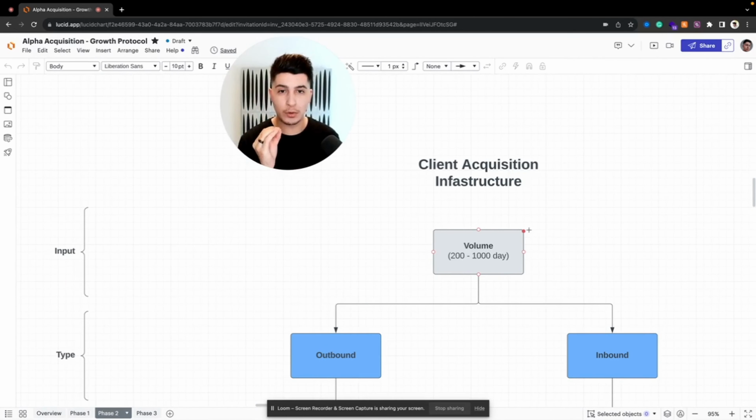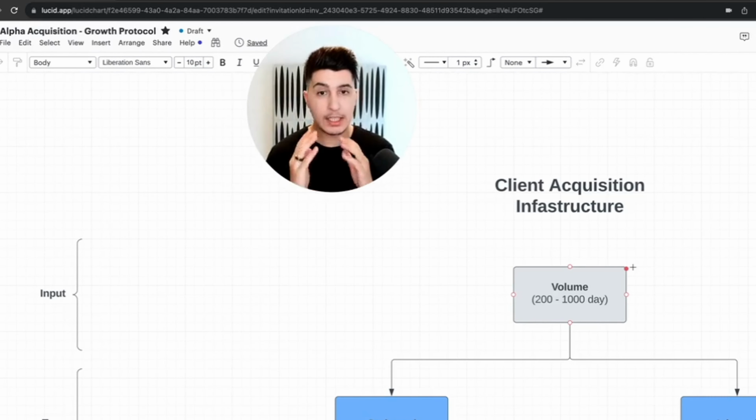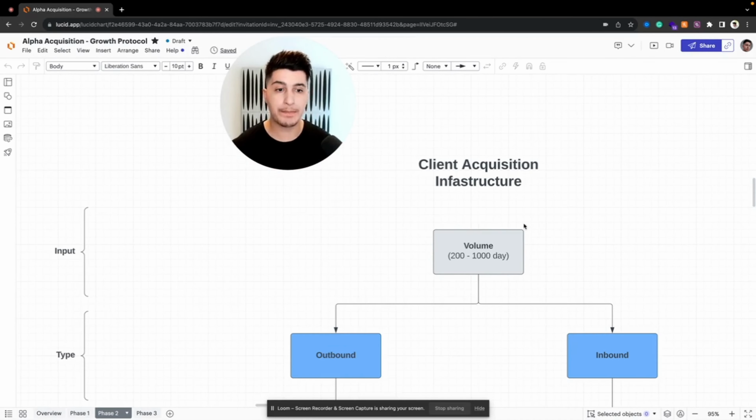If you don't have fuel, the car will not run. It doesn't matter how fast it is or how good you are. If the car doesn't have fuel, even with the best engine, it will not run, right? So that is why we start by focusing on input. Input is the fuel that will make the whole machine move, right?